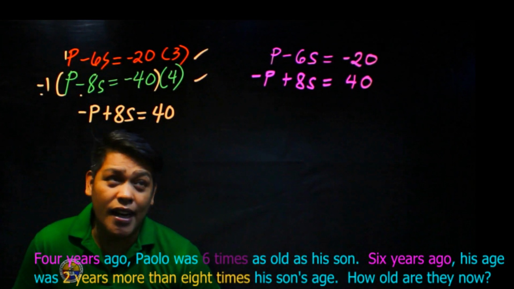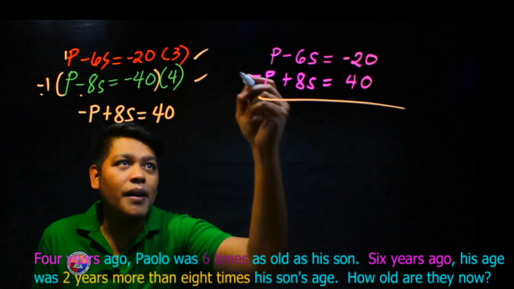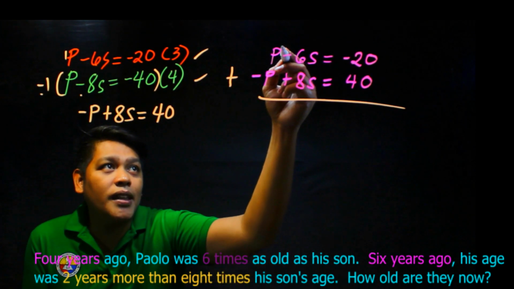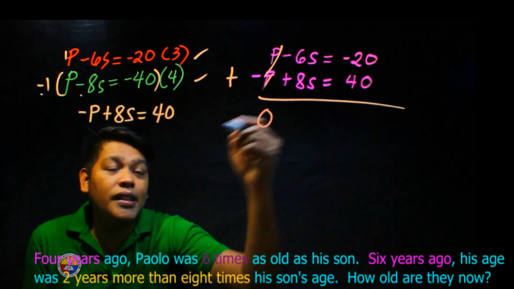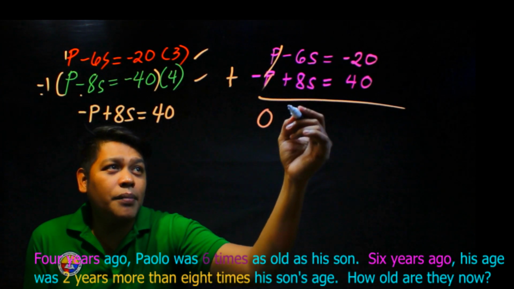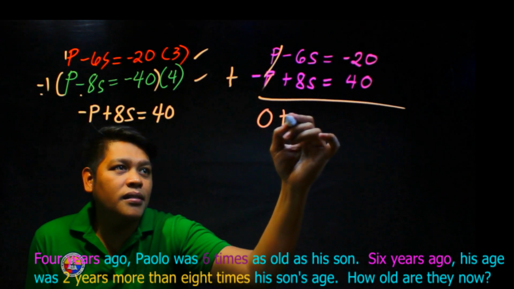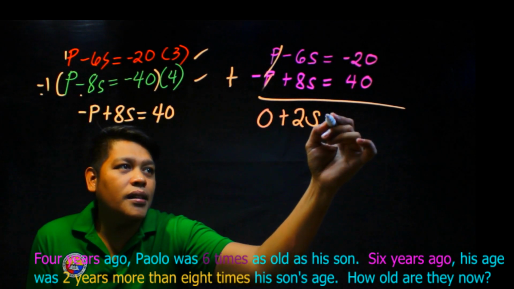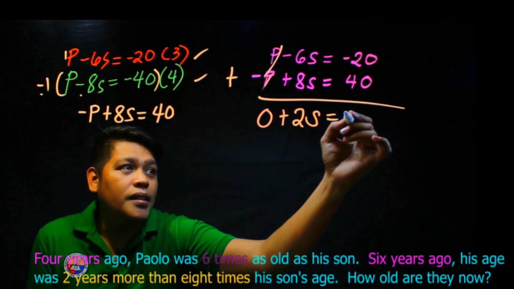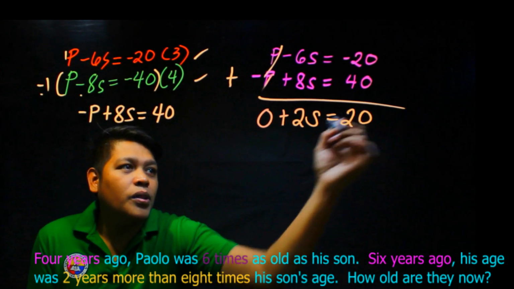So, pwede na natin silang ipag-add. Para makancel tong dalawa. Pag pinag-add mo to, cancel yan, 0 yan. Ito naman ay negative 6S plus 8S is 2S equals negative 20 plus 40, that is positive 20.